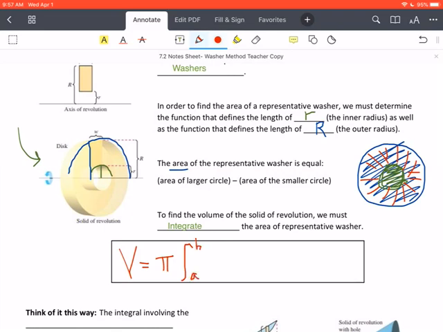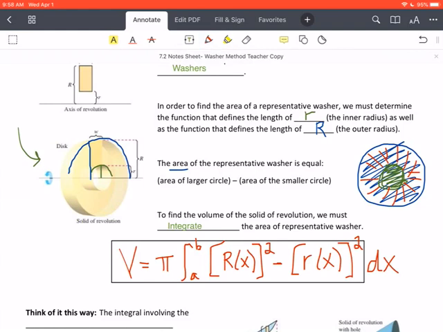So in this case, we are going to take the function that defines the big circle, and you could picture a pi right next to it, and we have to subtract the function that defines the radius of the small circle and square it. So really we're taking the area of a large circle minus the area of the small circle, but we're integrating it to get us volume.